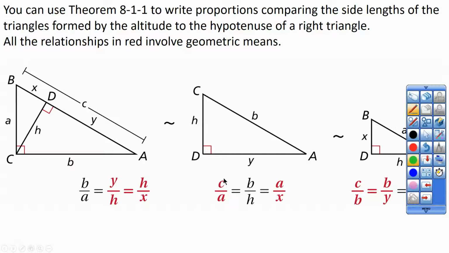We have this c. Is there a way to be able to get a compared to xy? Well, you take a look here, and we have an a and an a. So then a squared is equal to cx.